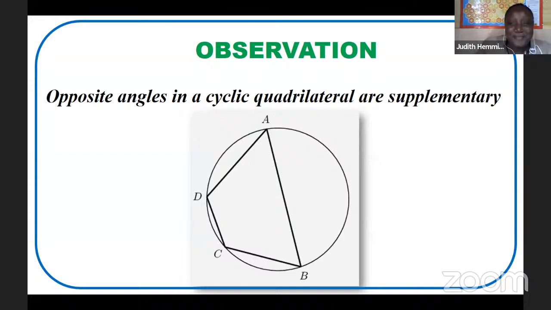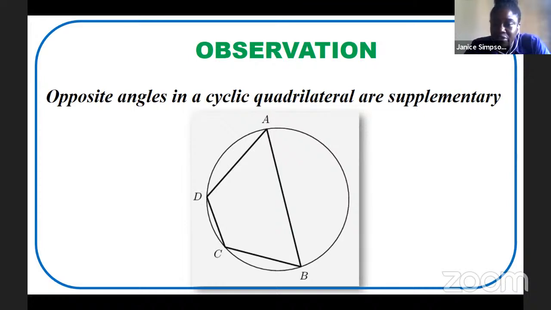We have the vertices of this quadrilateral A, B, C, and D, and we recognize that it is in the circle, and the key part that we want to pay attention to, to ensure that this is actually a cyclic quadrilateral, is that all the vertices of the quadrilateral are touching the circumference of the circle.